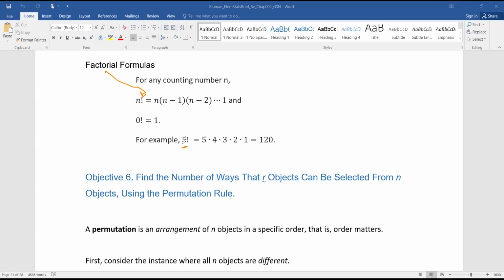So for example, 5 factorial would be 5, minus 1 would be 4, minus 1 would be 3, minus 1 would be 2, minus 1 would be 1. You stop at 1, you don't go to 0. Also, a thing to note, 0 factorial is 1. There is a math formula that we can prove this, or you can just take my word for it. So therefore, 5 factorial would be 120.